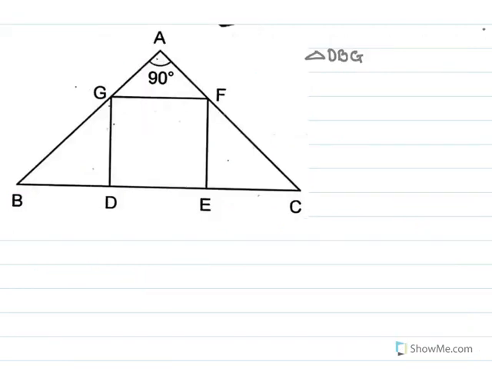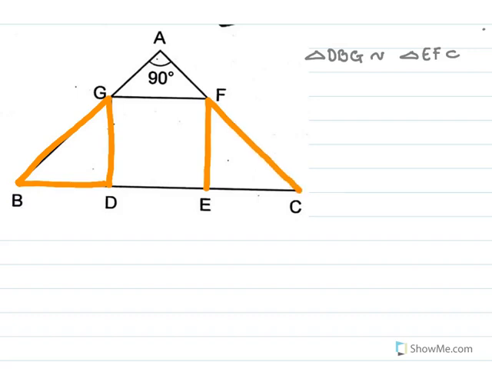So we have proved triangle DBG is similar to triangle EFC. Let me mark this triangle. We have proved this triangle here is similar to this triangle. So therefore the corresponding sides will be proportional.